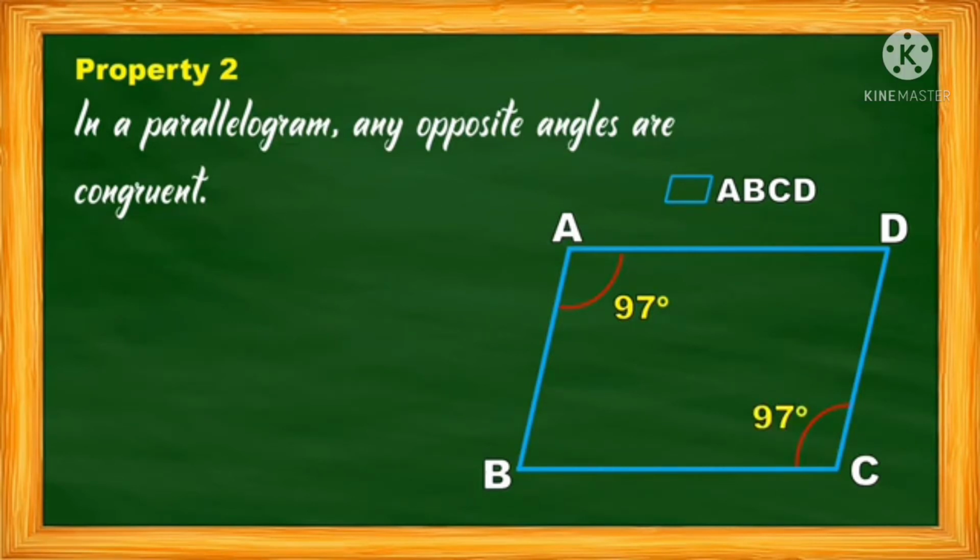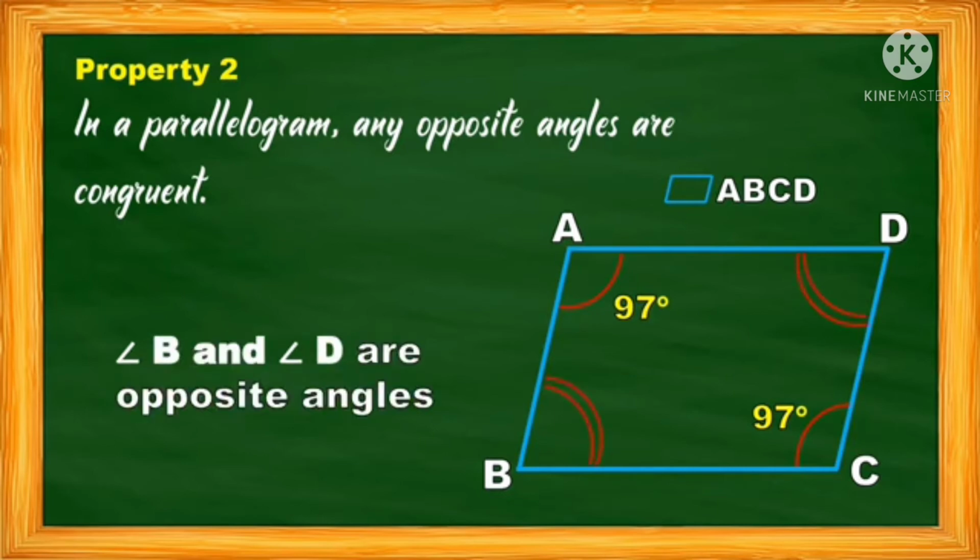It's also 97. Therefore, angle A and angle C are congruent. And if angle B and angle D are opposite angles and the measure of angle D is 83 degrees, what do you think is the measure of angle B?